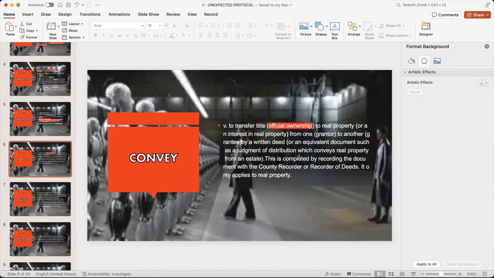This is completed by recording the document with the county recorder or recorder of deeds. It only applies to real property.